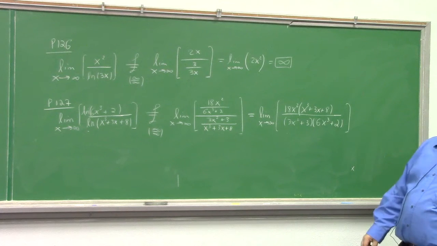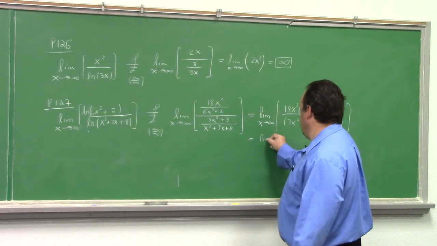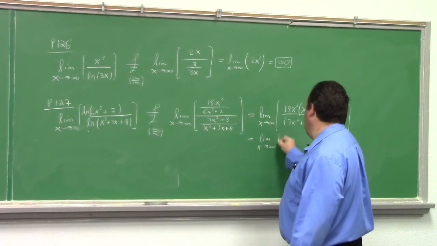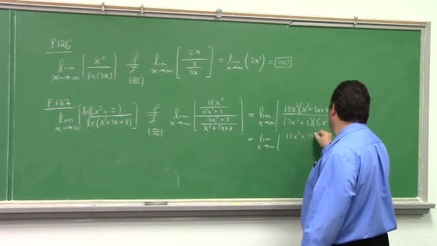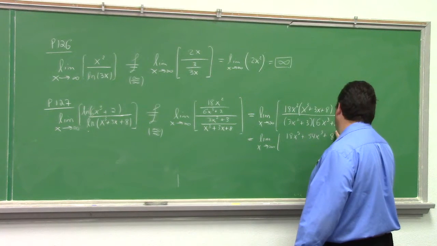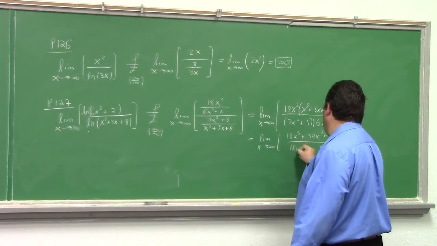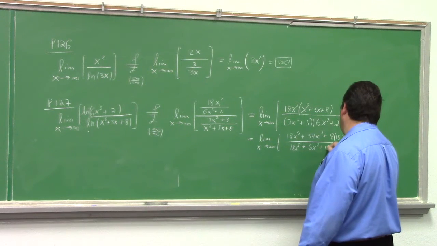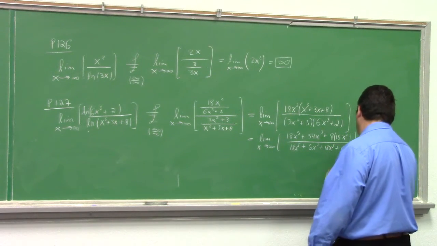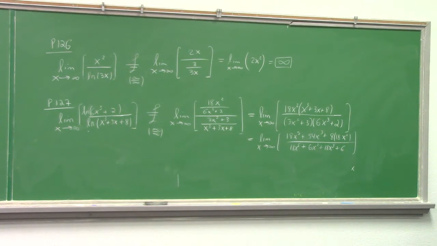And so what we really have is the limit as x goes to infinity of 18x to the fifth plus 54x cubed plus 8 times 18x squared divided by 18x to the fifth plus 6x squared plus 18x cubed plus 6. That's infinity over infinity again, because as x goes to infinity, the numerator and the denominator both go to infinity.